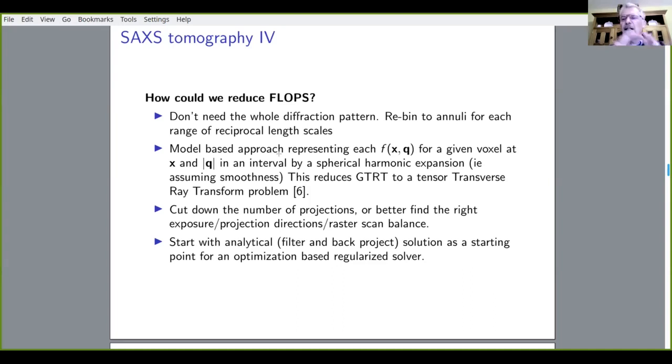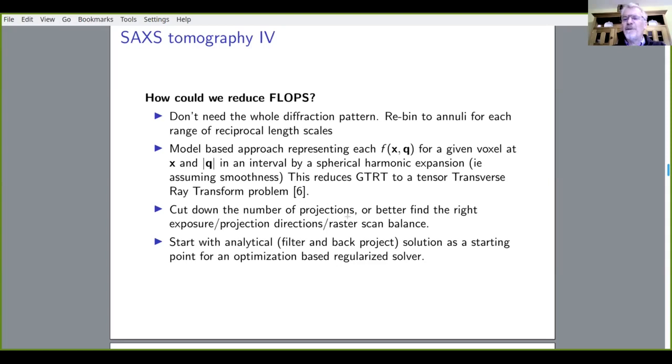You can write it as a sum of spherical harmonics and then assume that it's quite smooth. And that's interesting because it changes the theory into something called a transverse ray transform that we already have analytical theory for, and that helps us understand sufficiency of data and maybe cut down the data, and also have at least partly analytical reconstruction algorithms. So that's a consequence of assuming a smoother model.